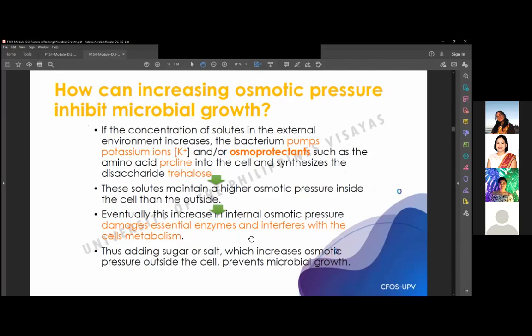So kung mataas yung concentration ng solutes outside the cell, kailangan ngayon ng cell na i-increase din yung concentration ng solutes niya within para ma-balance niya yung osmotic pressure. Ma-achieve niya yung equilibrium.